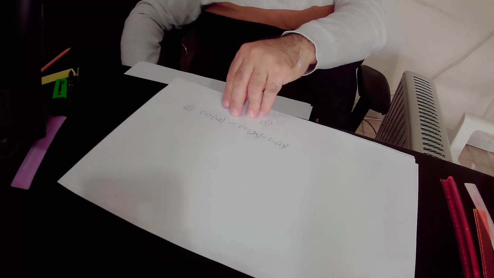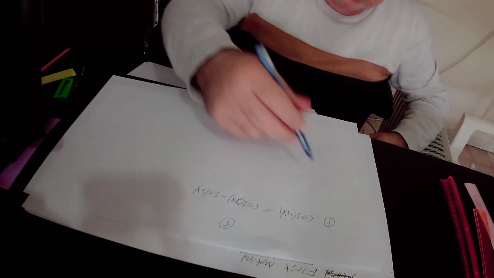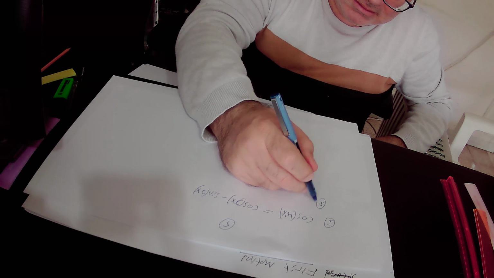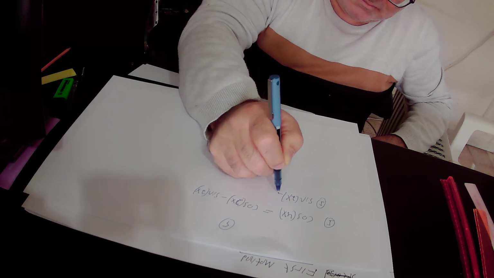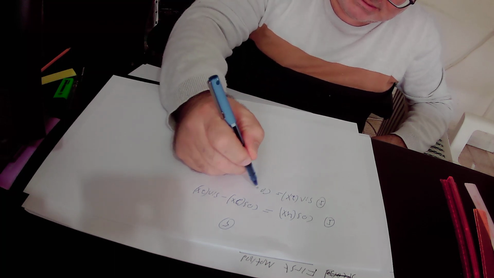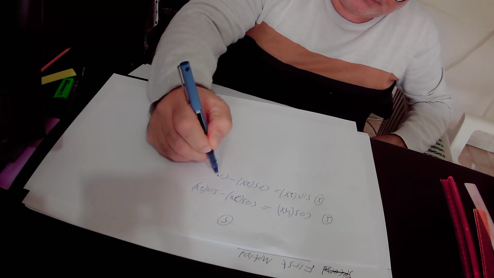Okay, and we will get that sine 2x equals cosine 2x minus cosine 4x.